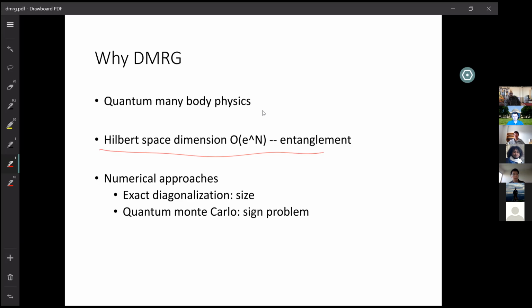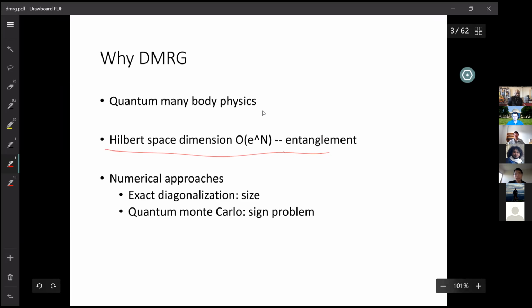Instead, we focus on some low energy state of some special Hamiltonians, right? So if this low energy subspace of the Hamiltonian has some special quality, then maybe I can utilize this special entanglement structure to minimize the parameters I need to efficiently express the states. So this is the main idea of the DMRG.